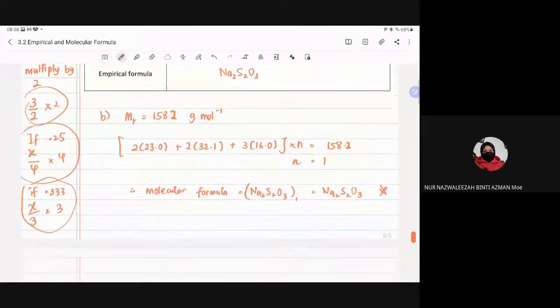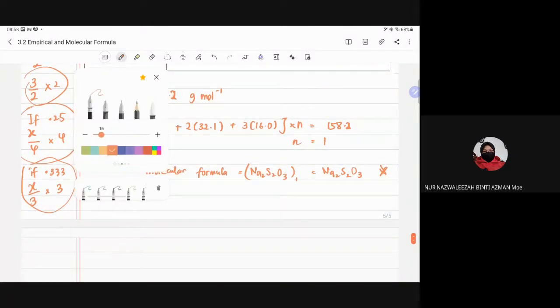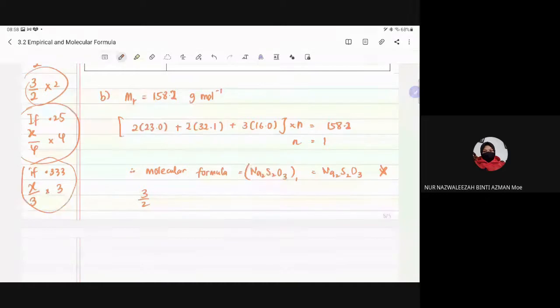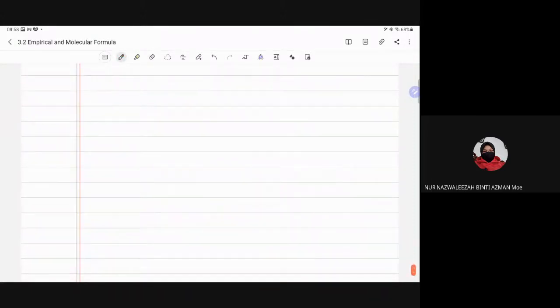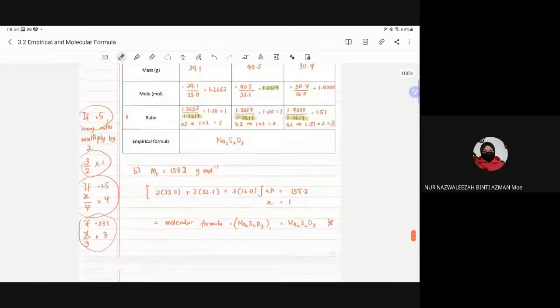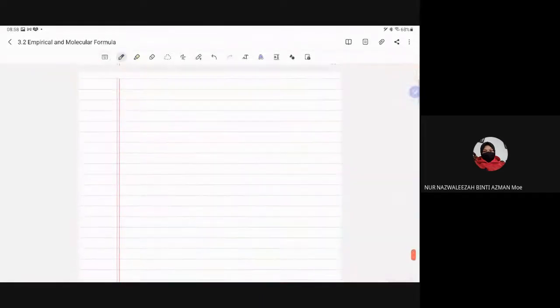Okay. So, kalau contohnya, kalau 3/2, kita nak tukar kepada whole number, kita mesti darab. Saya guna, do it on a different page. Okay. Alright.